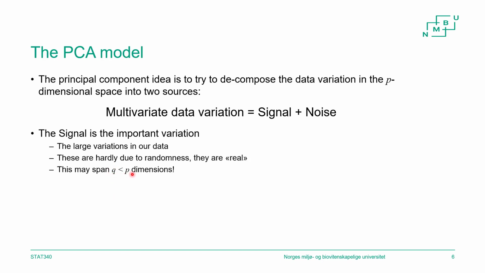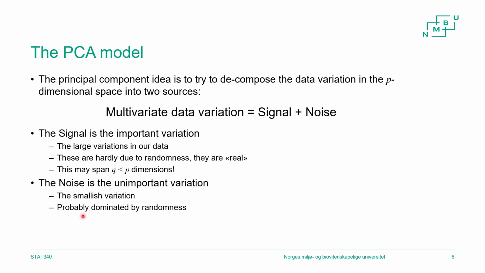How much smaller we don't know, and this depends on your data, but as a general way of thinking, we say that there is a smaller dimension q, smaller than the full dimension p, which contains this signal part. The noise is unimportant variation, and the noise is distributed along all the dimensions. So also among this first q there will be some noise, but this smallish noise variation you find in all dimensions.